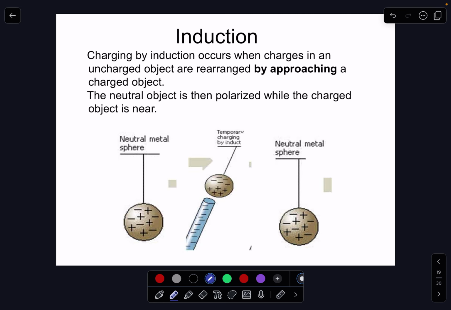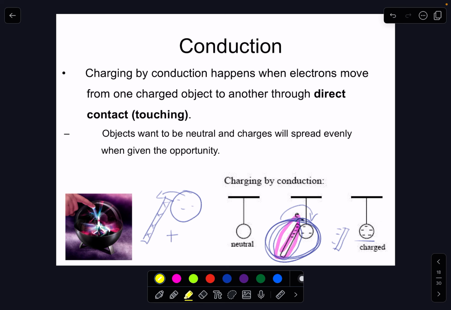Okay, induction is different. Induction is where we are temporarily polarizing an object. What we mean by that is we start neutral, then we take this negative object and we approach it. We are not touching it. As soon as we touch it, it goes back to conduction.